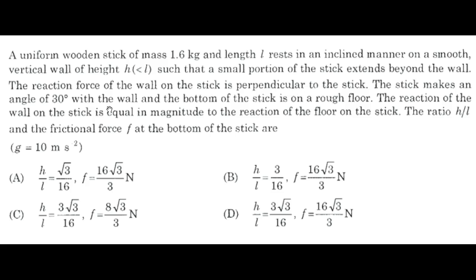The stick makes an angle 30 degrees with the wall, and the bottom of the stick is on the rough floor. The reaction of the wall on the stick is equal in magnitude to the reaction of the floor on the stick. The ratio h upon L and the friction force at the bottom we have to find. These are the four options given, okay?